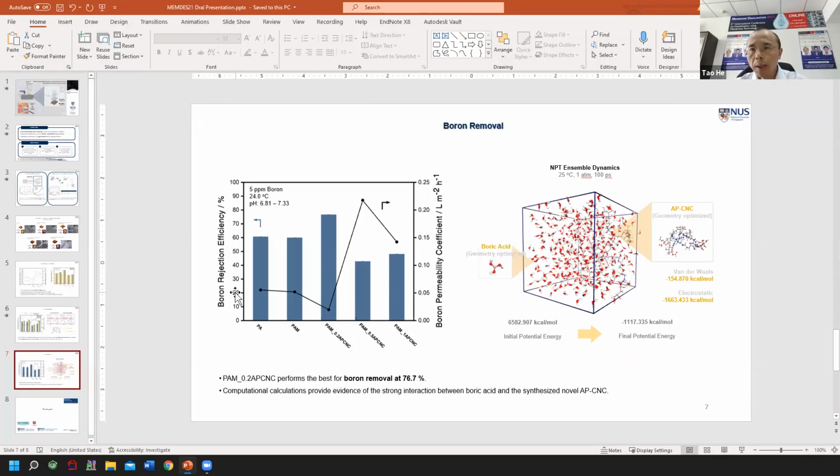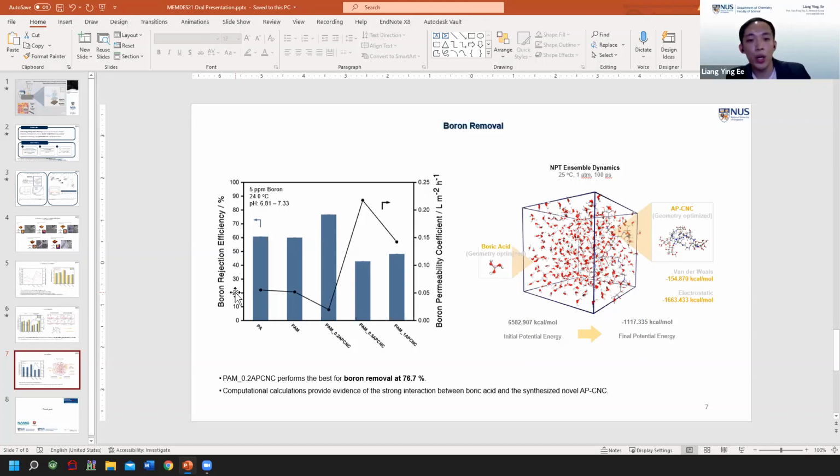Would you please elaborate a bit in a chemical approach? What was the real interaction of the boric acid to the polymer you use to increase the boron removal rate for your nanofiltration membrane to such a high value?